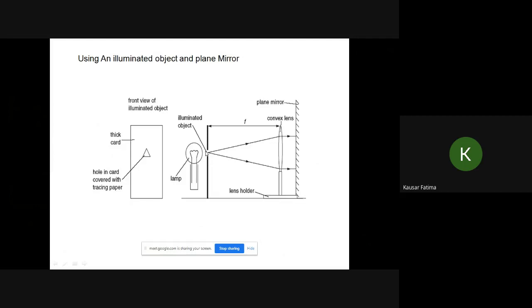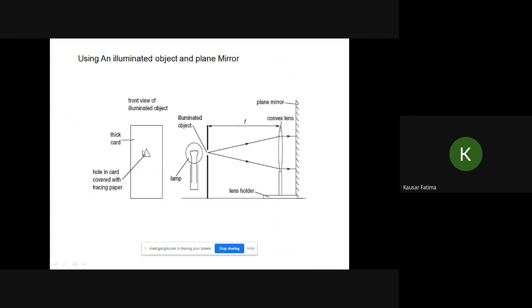You can have a hole of any shape, but using a triangular hole is easy because you can easily identify the inverted image. The triangle will appear upside down, meaning the apex of the triangle will come at the bottom, and the flat base will appear at the top.